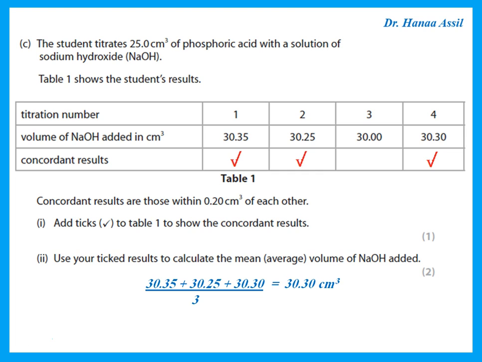So we're not going to include it when we calculate the average. Of course, calculating the average will be the addition of all the concordant results divided by their number. So we have 3 of them. So that means that the volume of sodium hydroxide I'm going to use in my calculations is 30.30. Remember, when things are in 2 decimals, then your answer should also be in 2 decimals.